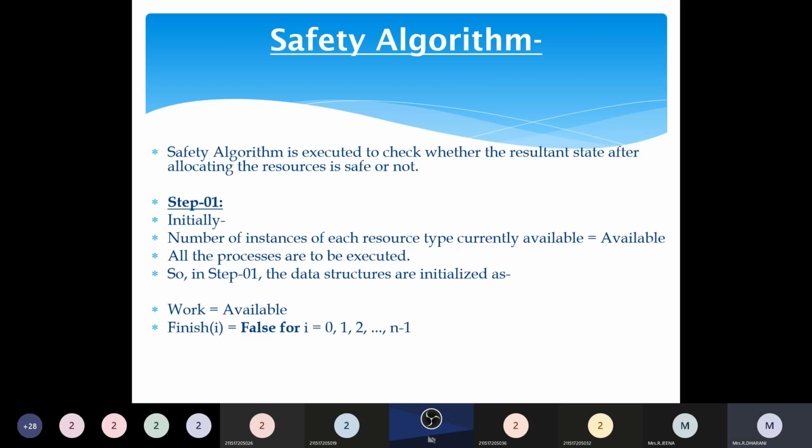In step one, the data structures are initialized as work is equal to available, that is, available is assigned to work, and finish of I is equal to false because no process is initiated. If no process is initiated, then the false state is assigned to finish of I, for I equal to 0, 1 to n processes.